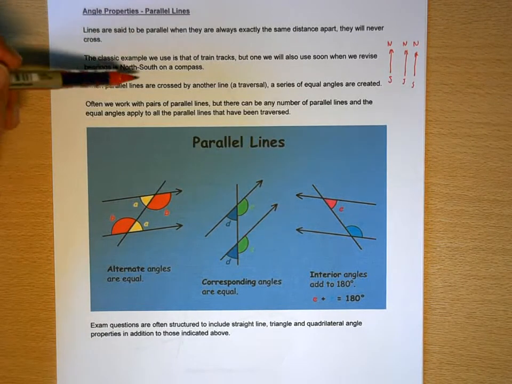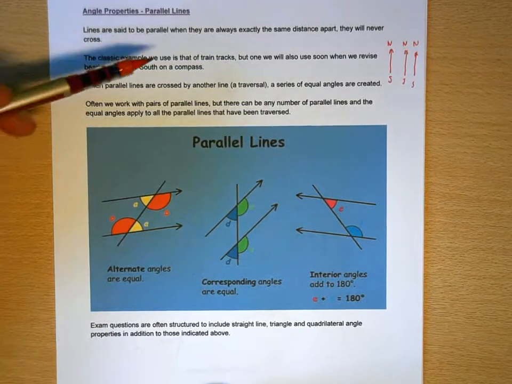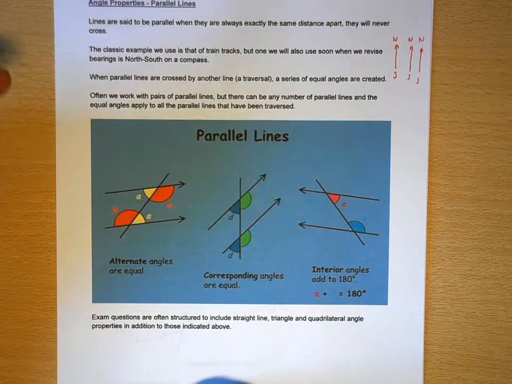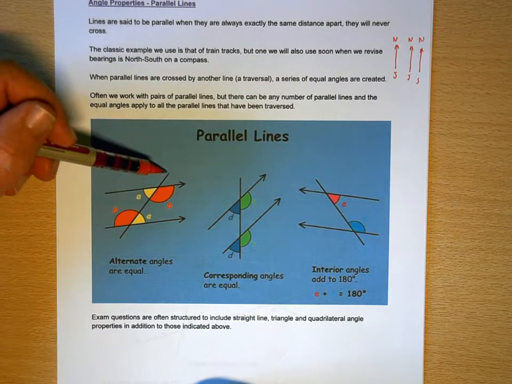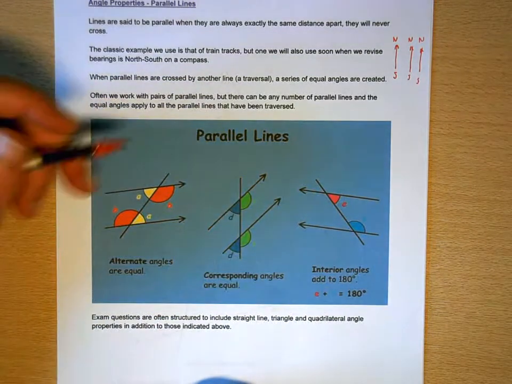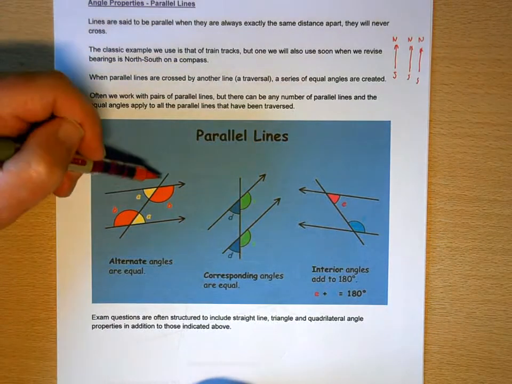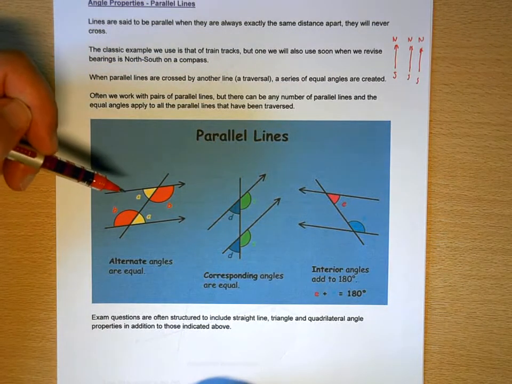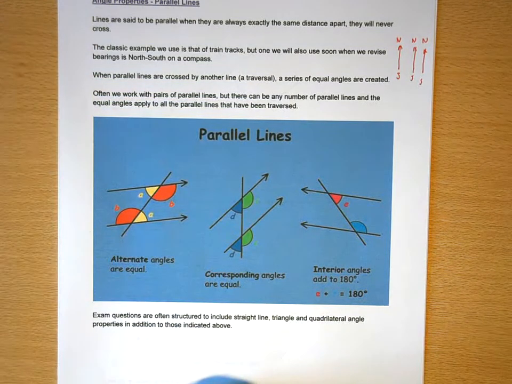So when parallel lines are crossed by another line, a transversal, then a series of equal angles are created, and the transversal on the diagrams here are the ones that are crossing the parallel line. So you can see I've got a pair of parallel lines and one that cuts it, and it's that cut that creates the series of equal angles.